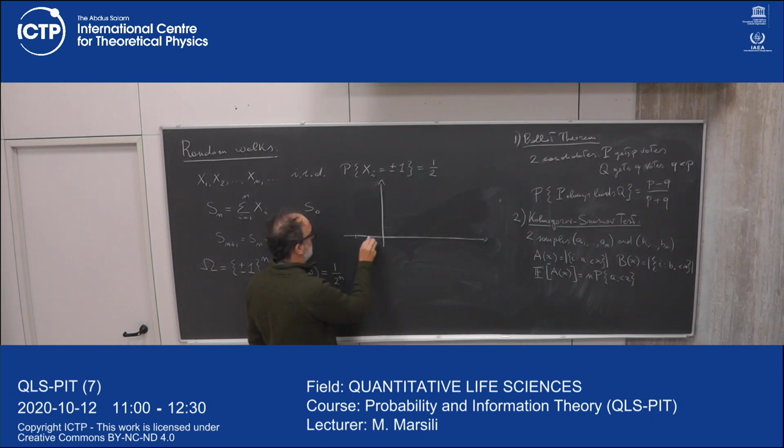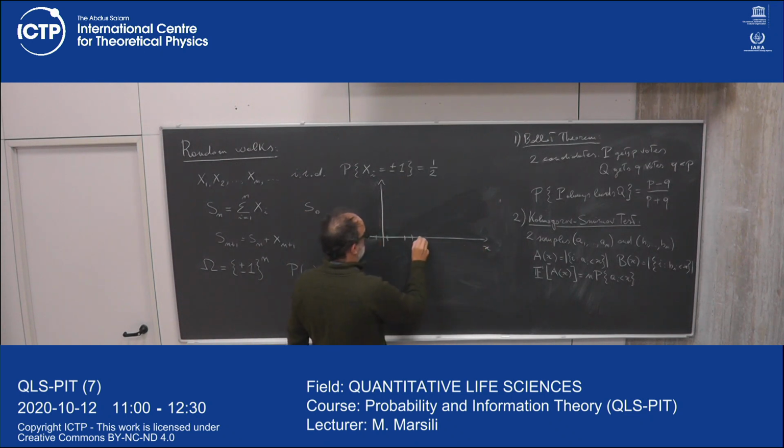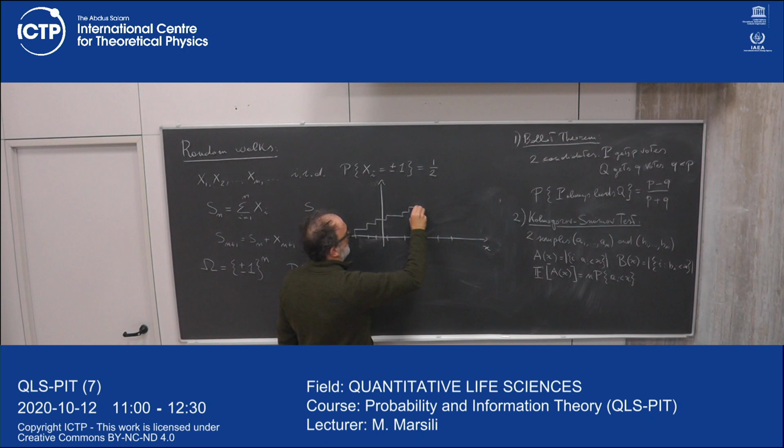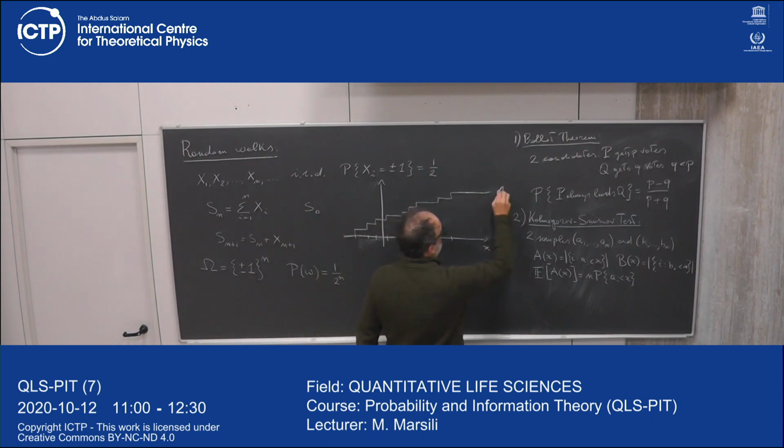Imagine that here you have the different values of A, and here you plot x. The curve A of x will be 0 up to this point, and it will go up by 1, then it will go up by 1 again, and so on. So this is the curve of A of x.